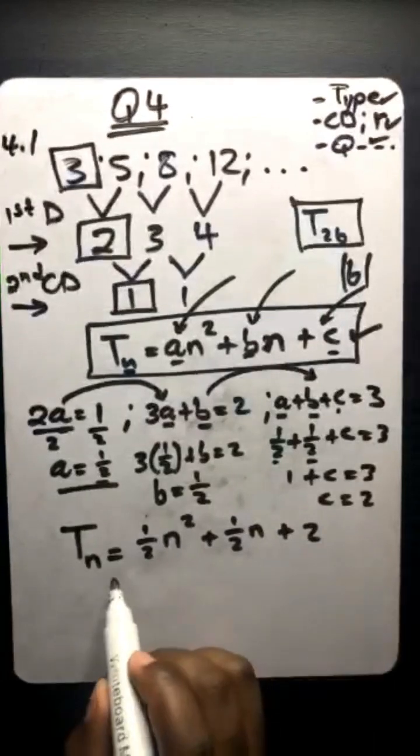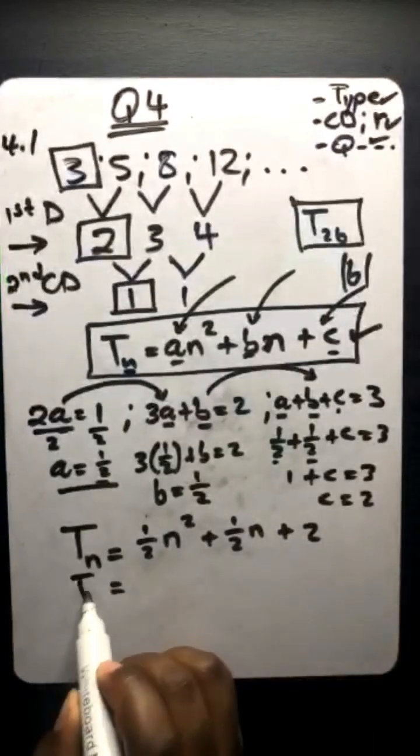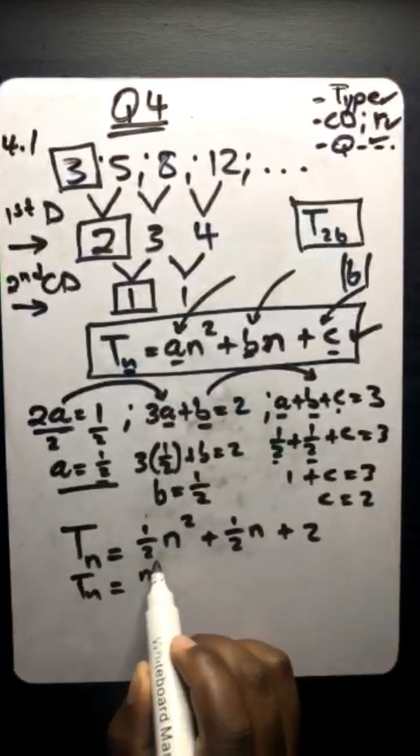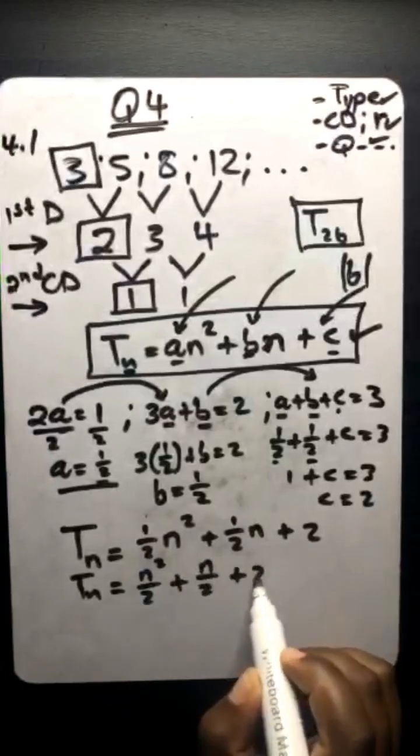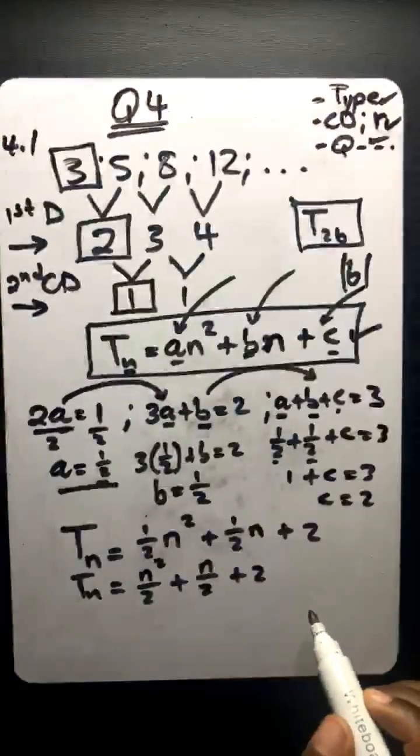It also doesn't matter if you write this as Tn equals n squared over 2 plus n over 2 plus 2. It's actually the same thing.